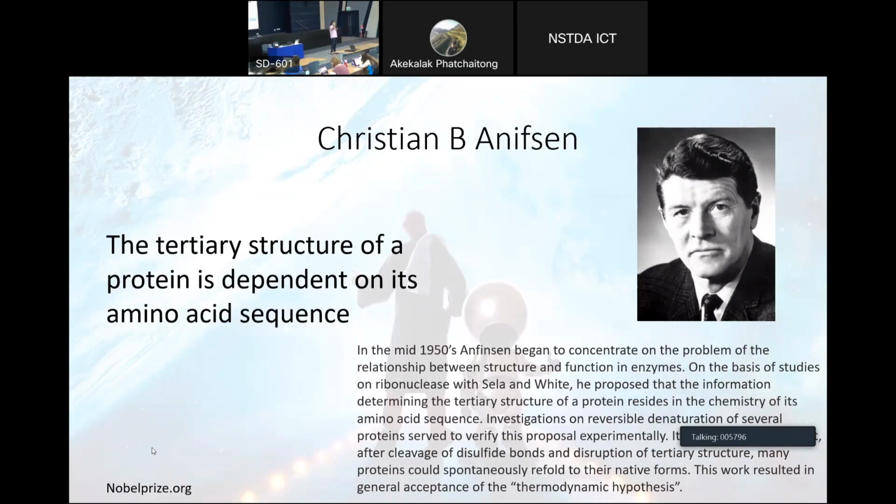That means if I have a similar sequence, I should have a similar structure. Now, I should warn you, this is not universally true. It is true for most cases. There are very specific cases like the protein that causes Alzheimer's disease, or prion diseases.